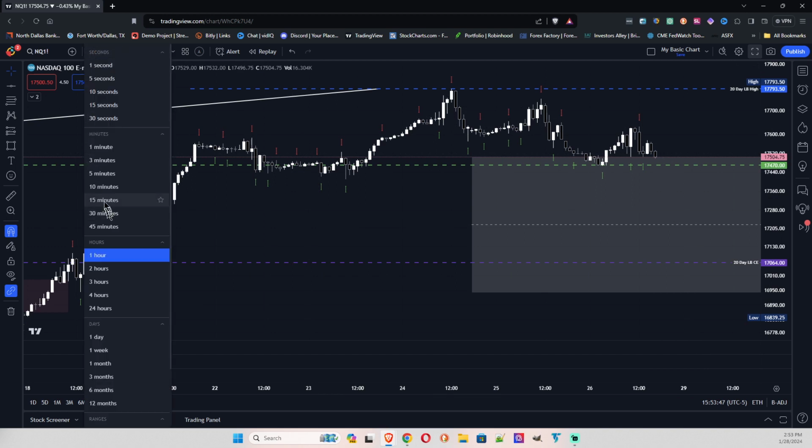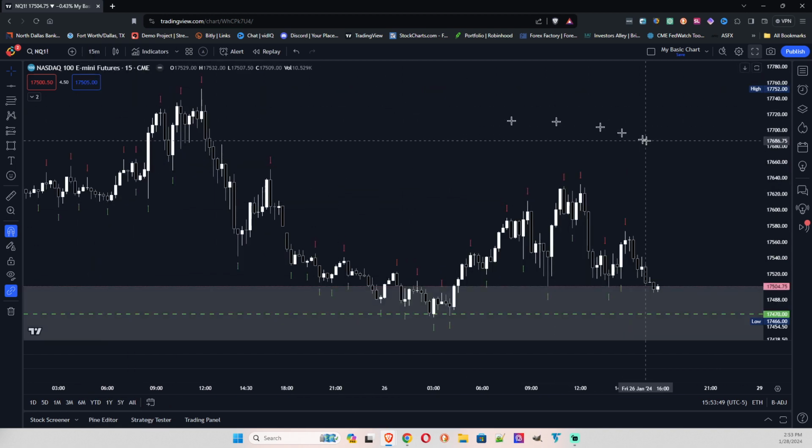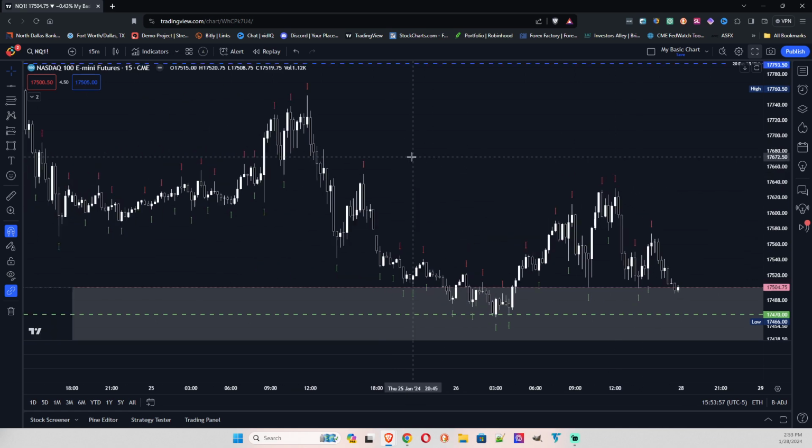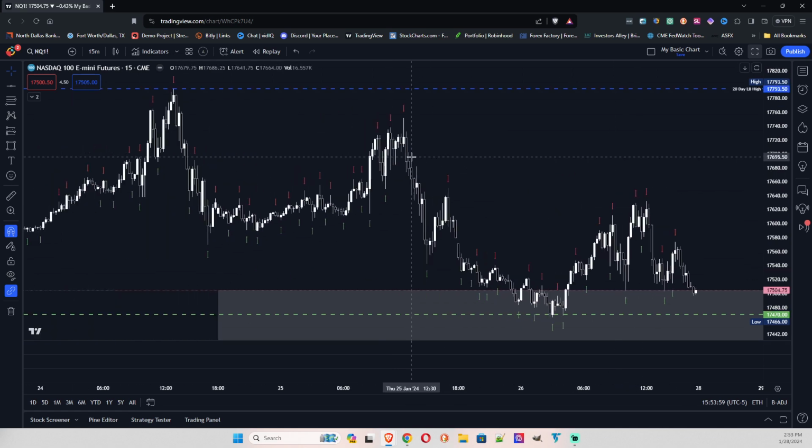Let's go down to like a 15-minute chart. Our level's still looking good. Could almost even put another level right in here, 17,590 to 17,600. We'll just use 17,600 because it's nice and round.